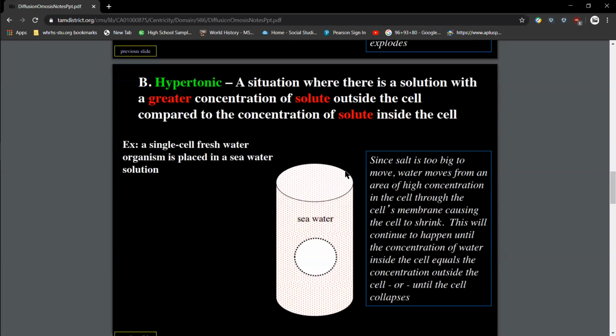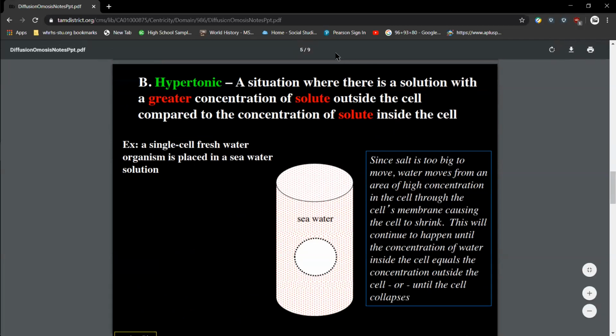The other topic is hypertonic. A hypertonic solution is the opposite of hypotonic. Remember, in hypotonic, you had high concentration of solute inside the cell and low concentration outside. In a hypertonic solution, you have a high concentration of solute outside the cell and a low concentration inside.